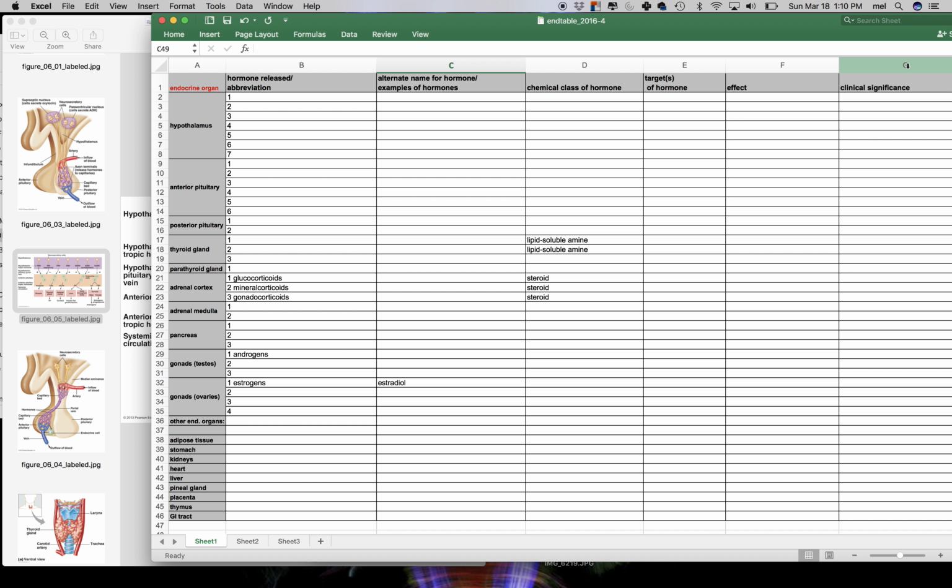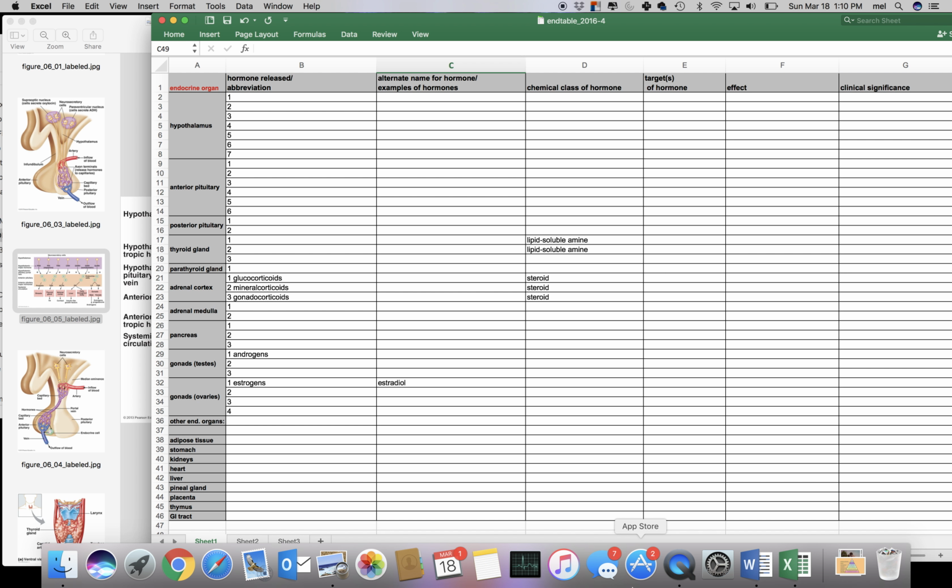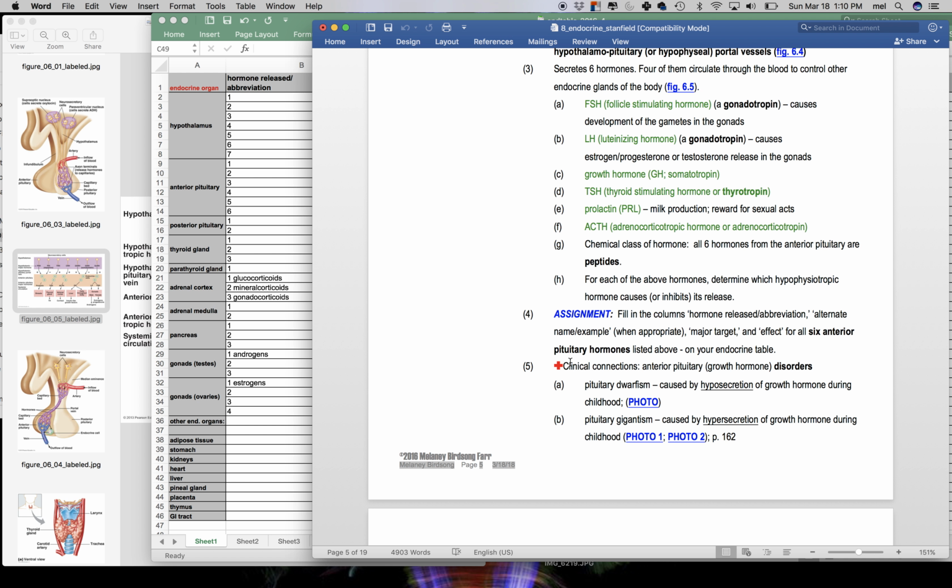Okay. And then the clinical significance: you don't have a clinical significance for every single one of them. So which ones do you have? If you run into clinical connections or a disorder, then you put it over there. For instance, these two right here, pituitary dwarfism and pituitary gigantism, both go with the same hormone.